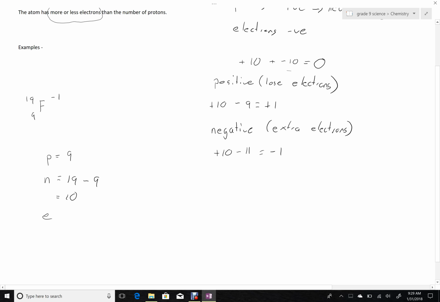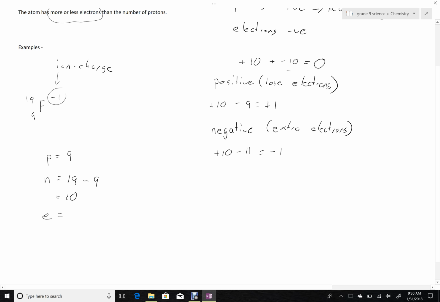And then when I go to figure out my electrons, before this, when I've been doing my Bohr-Rutherford diagrams, I've always just used the fact that it's neutral and said my protons is equal to my electrons. But this time I'm going to look a little bit more carefully and realize I have an ion, or I have a charge.